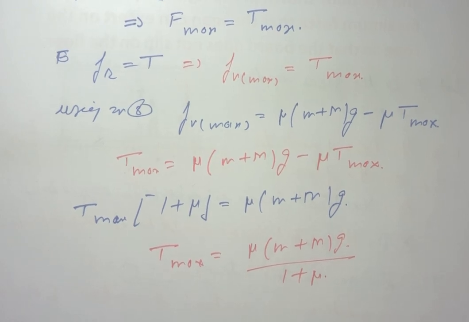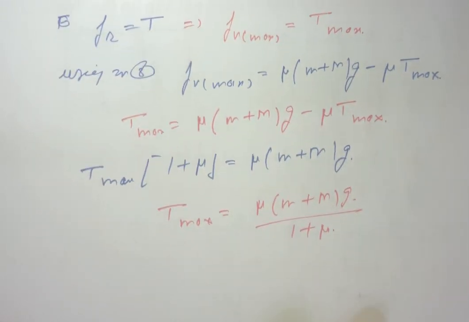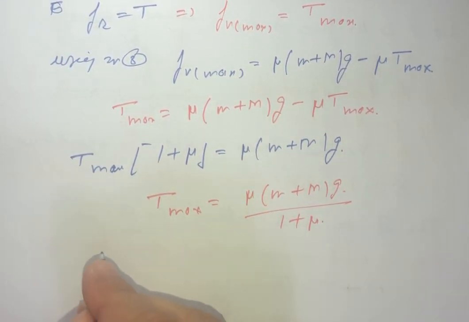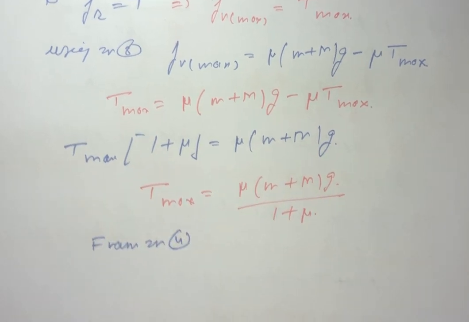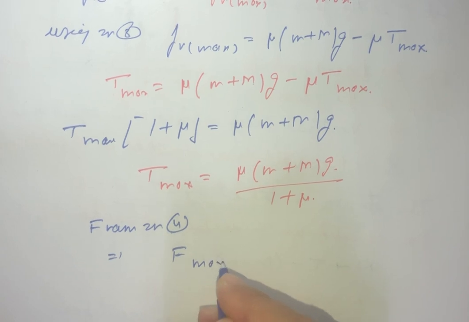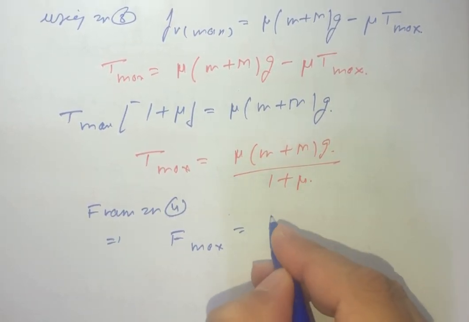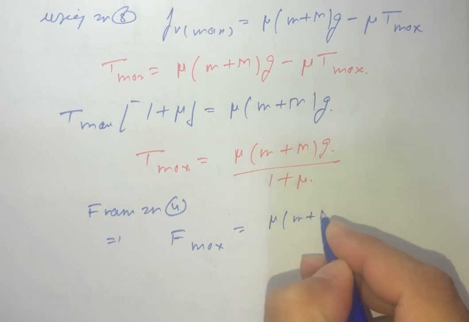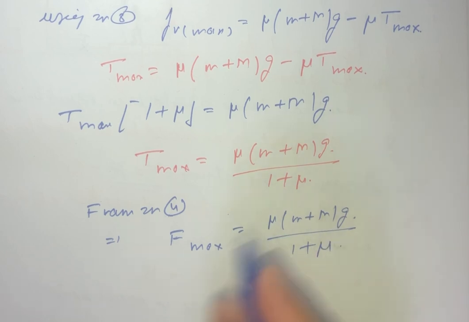And we already know from equation 4 that our F max is equal to mu(m plus M)g divided by (1 plus mu).